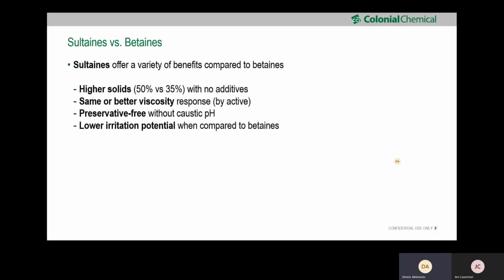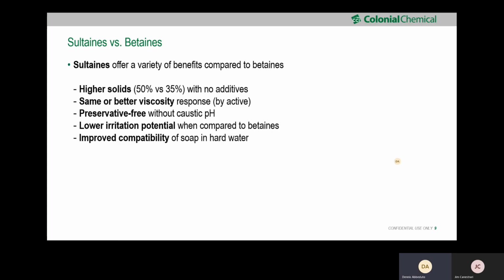Sultaines have a lower inherent irritation potential when compared to betaines. We'll be looking at a bit of that data in just a moment here to substantiate that. Another key aspect of sultaines is that they have improved compatibility in hard water and certainly can help fatty acids and fatty acid soaps to not precipitate from hard water.